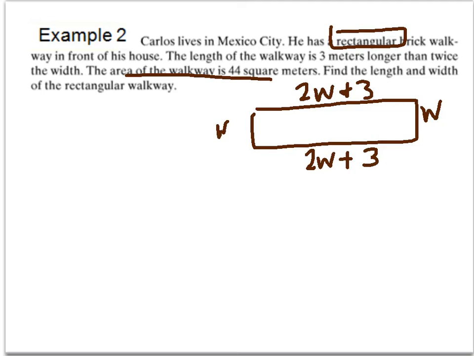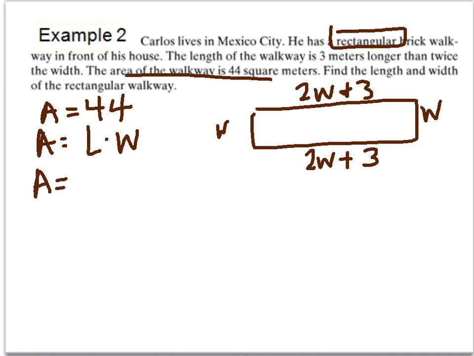Okay, so the area is 44 square meters. Now I know to find the area of a rectangle, I have to do length times width. So I'm going to plug in what I've labeled on my picture for my length and my width. So I'm going to do 2w plus 3 times w.